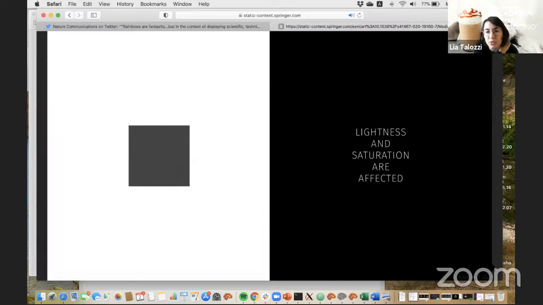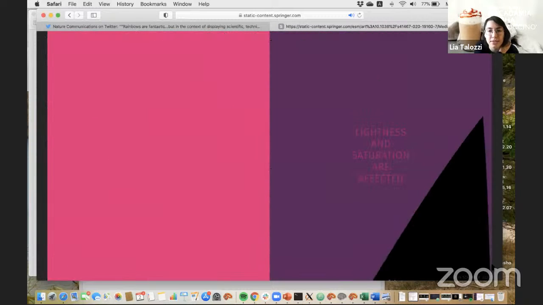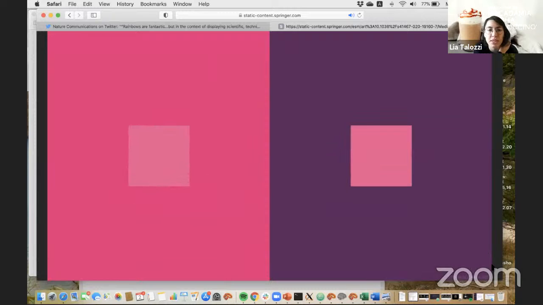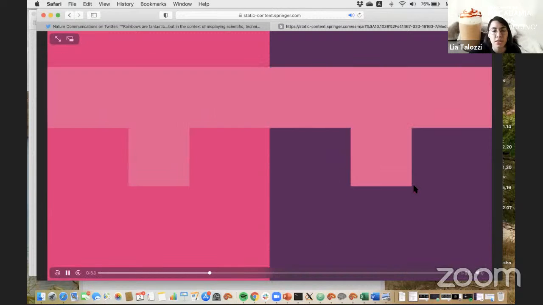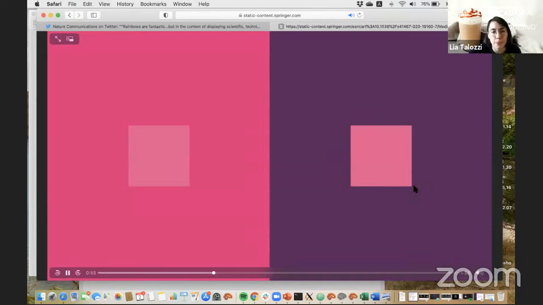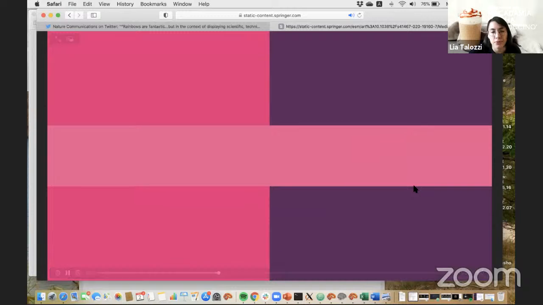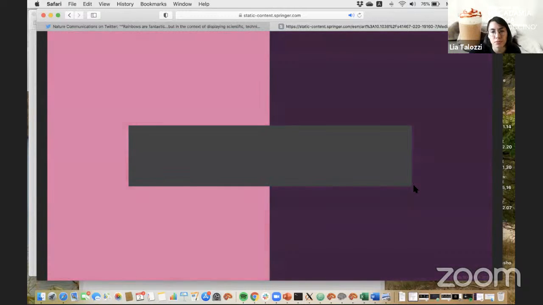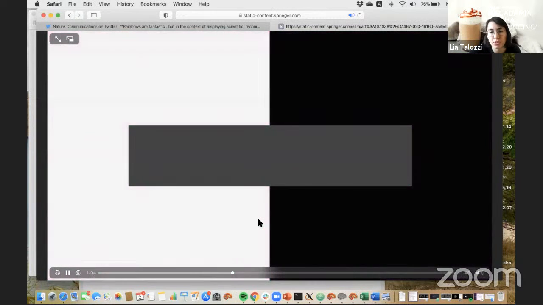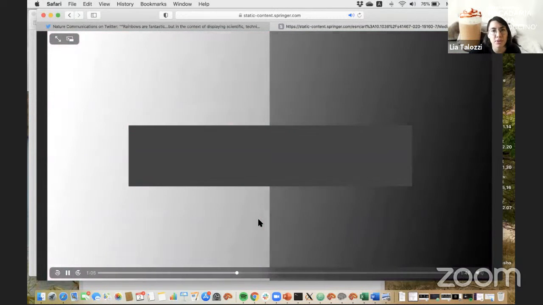And so lightness and saturation are the characteristics of a color. And here you can see how the background can change the perception of the same color. And also the shape of the object can influence this perception.